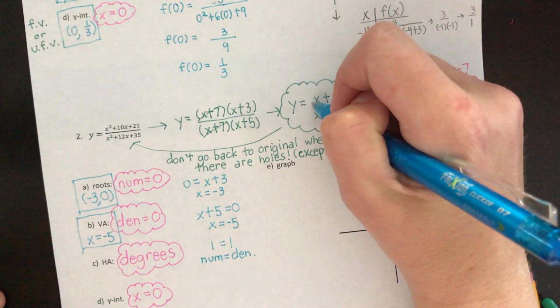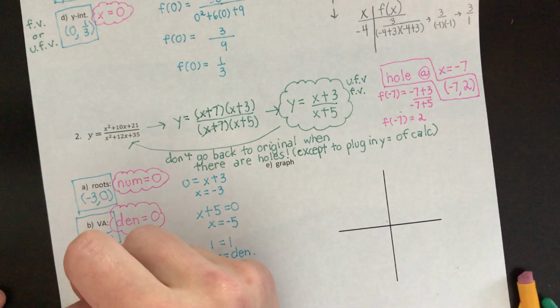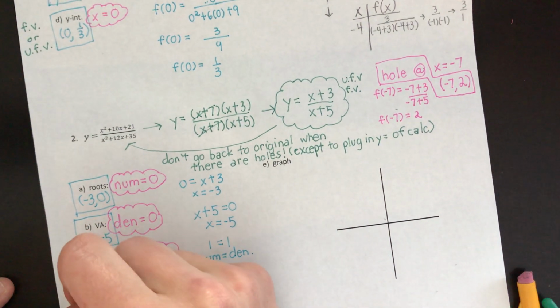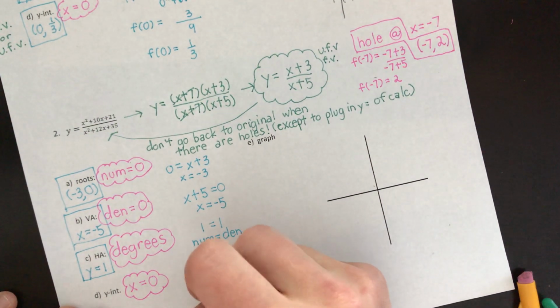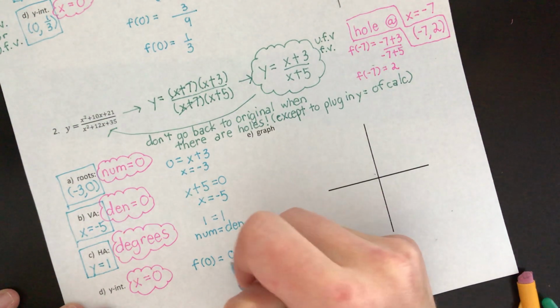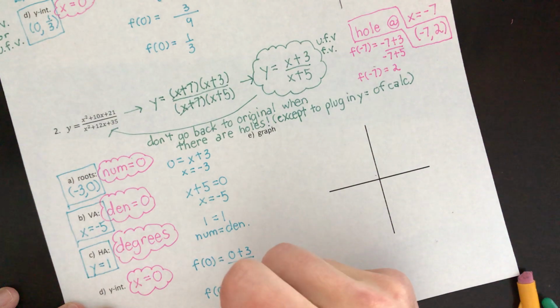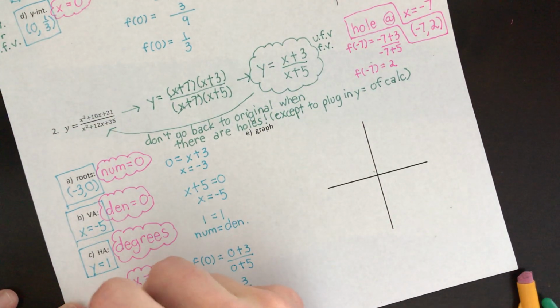My coefficient here is 1, and my coefficient here is 1. 1 over 1 is 1. So y equals 1 is my HA. Okay, so for my y-intercept, x equals 0. So really, I'm finding f of 0. So 0 plus 3 over 0 plus 5. So f of 0 equals 3/5. So 0, 3/5.